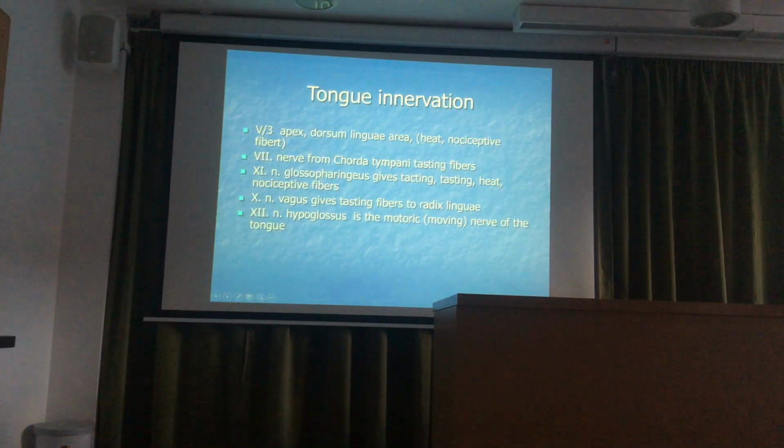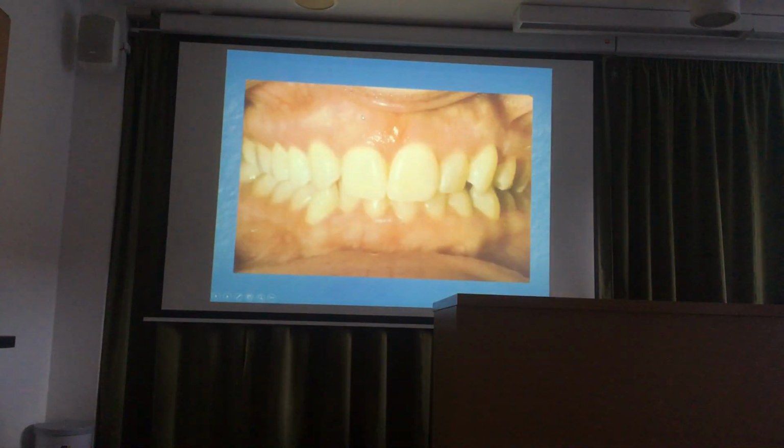The nervus glossopharyngeus, the nerve number 9, gives tasting, heat and nociceptive fibers towards the tongue. The nervus vagus gives tasting fibers to the radix linguae. And the nervus hypoglossus is the motor nerve of the tongue. So you have to sign these nerves, okay? These are the most important in case of the tongue innervation.